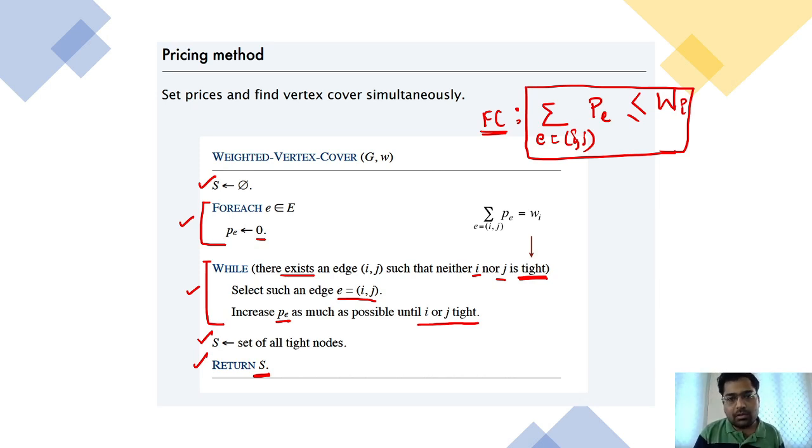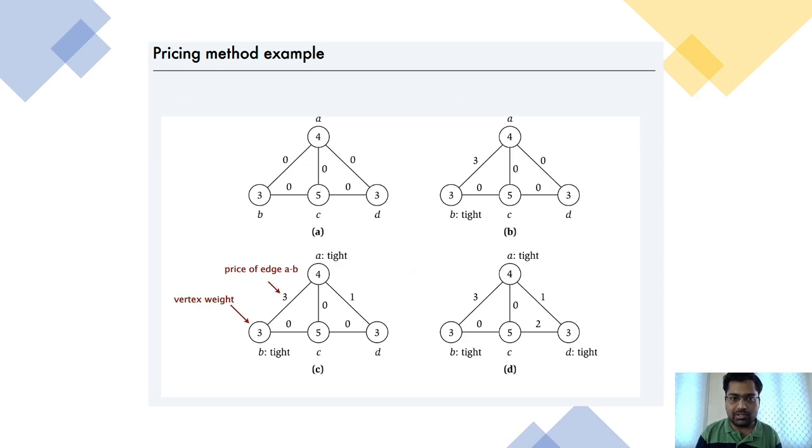This method provides us the complexity in polynomial time, as you have seen. Based on the edges we are focusing, that is why it depends on the number of edges. It gives us polynomial time complexity here.